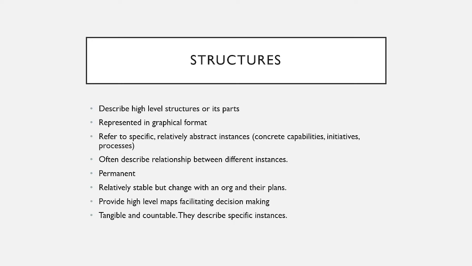Once a structure is in place, it stays. These are relatively stable, but once again change with an org and their plans. They provide high-level maps for facilitating decision-making, and they're tangible and countable. This is because they describe specific instances. Once again, when thinking of structures, think of this quote from Kodasev. What approximately do we have or want to have?